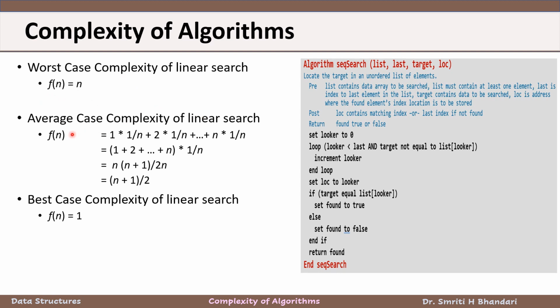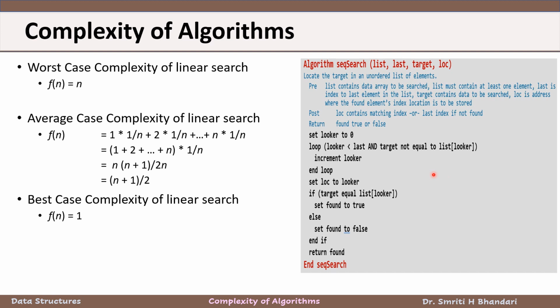Now how to find average case complexity of linear search? Here we are saying that the probability that the search element or the target element is available at location 1, at location 2, 3 up to n is equally likely, right? So the probability that the element is found at position 1 is 1 divided by n.